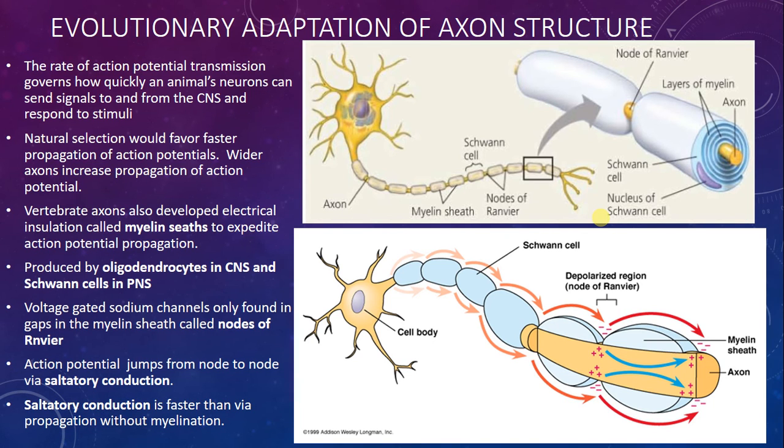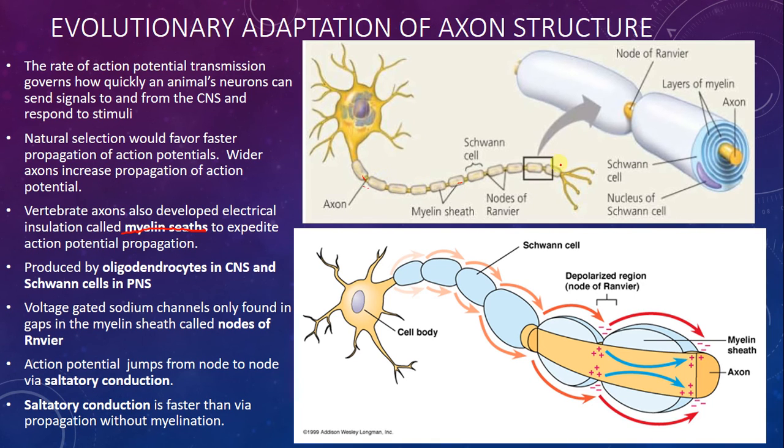However, vertebrate axons have evolved a structure to get around this, to send action potentials extremely fast, even though they are thin, and that is through the incorporation of myelin sheaths that expedite action potential propagation. So myelin sheaths are these very waxy coatings of the axon.